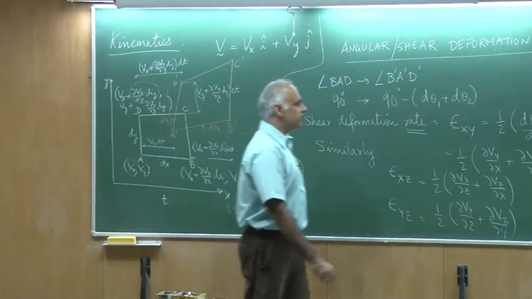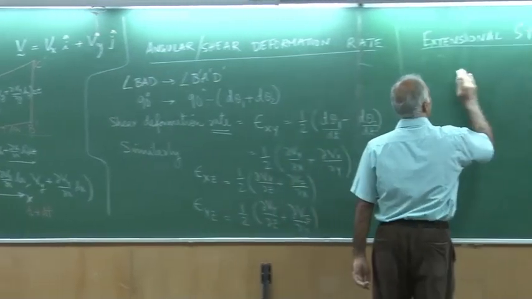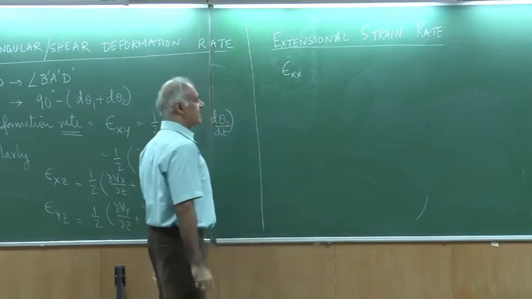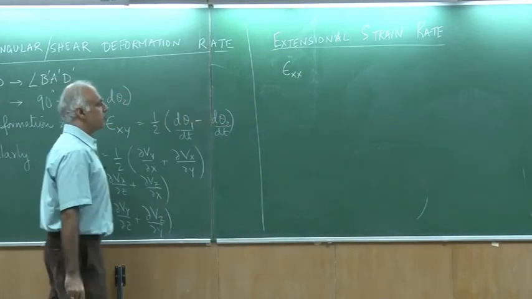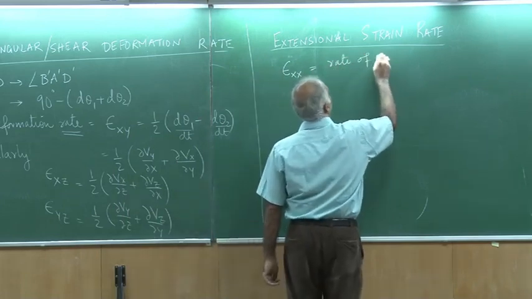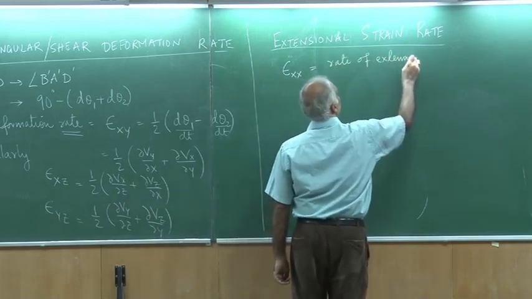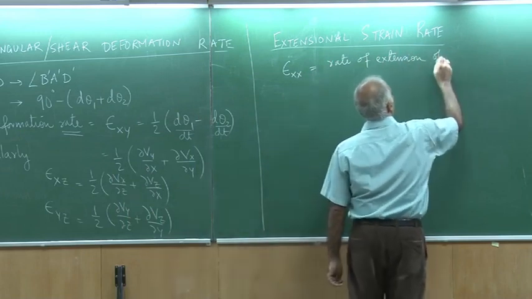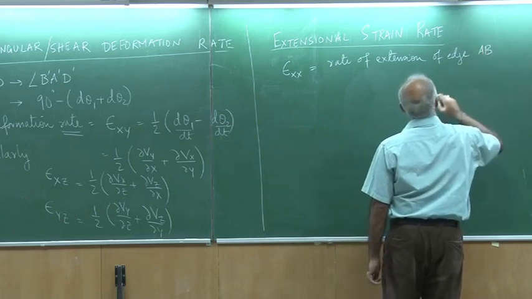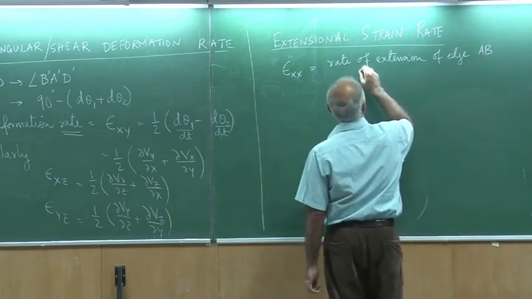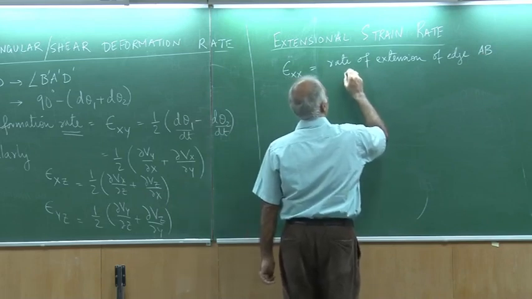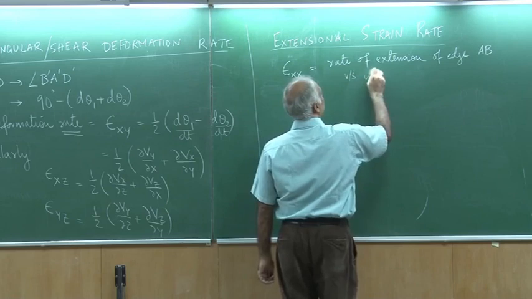So, I should be able to find out what is the extensional strain, let us say in the x direction. So, this is the rate of extension of edge AB versus its original length.